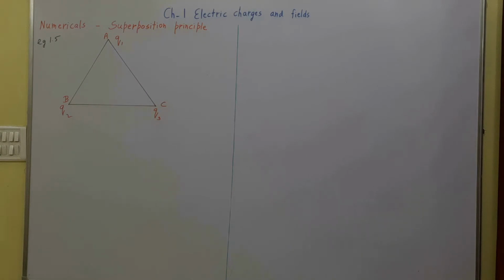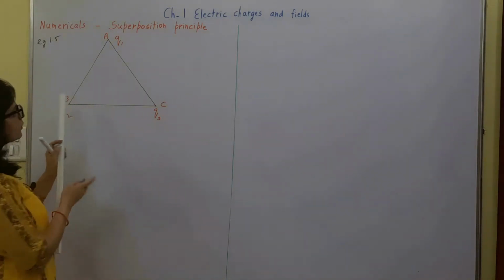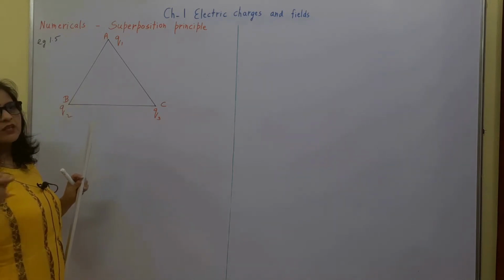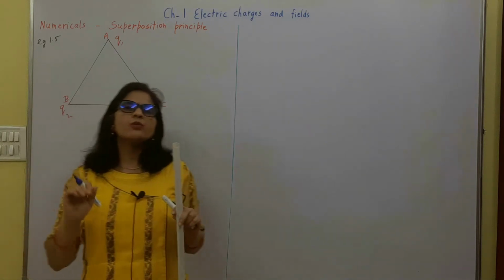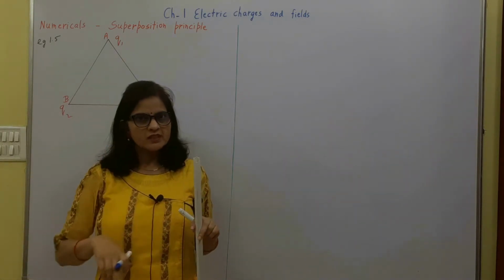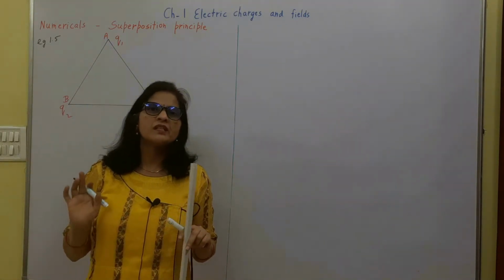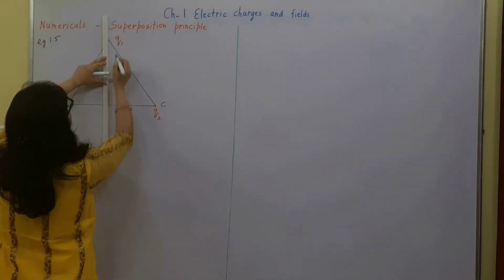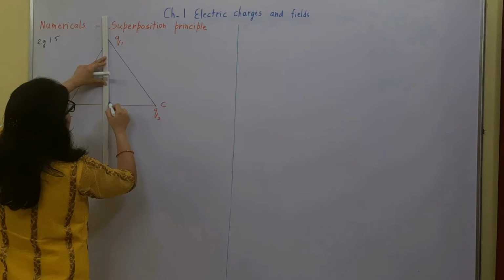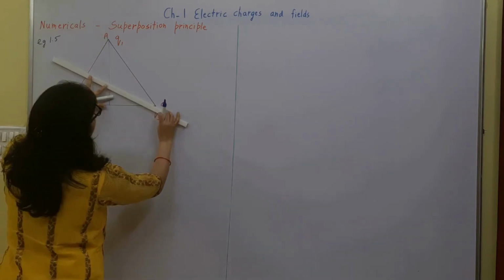And one more charge is kept at the centroid of this equilateral triangle. What is a centroid? Centroid is the intersection point of the medians, but if it is an equilateral triangle, then the medians and the perpendicular bisectors will be same. So if this is the equilateral triangle, then this will be the median as well as the perpendicular bisector.